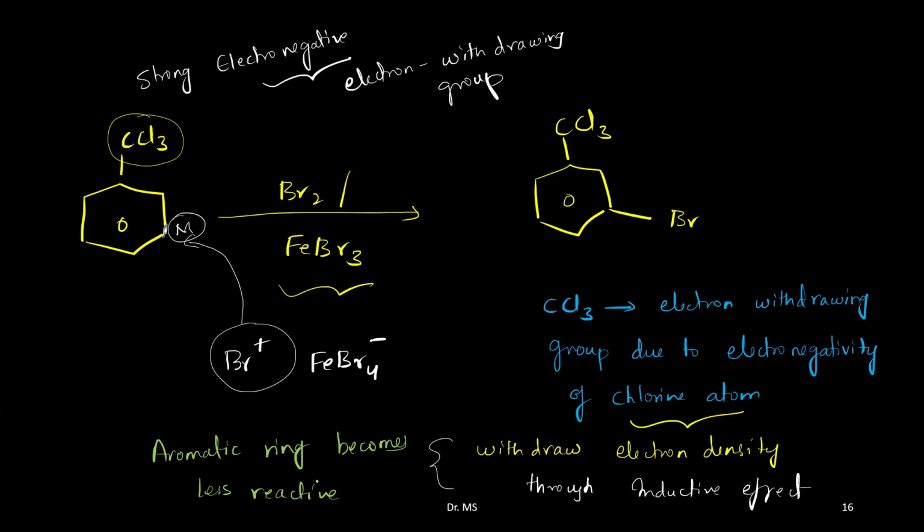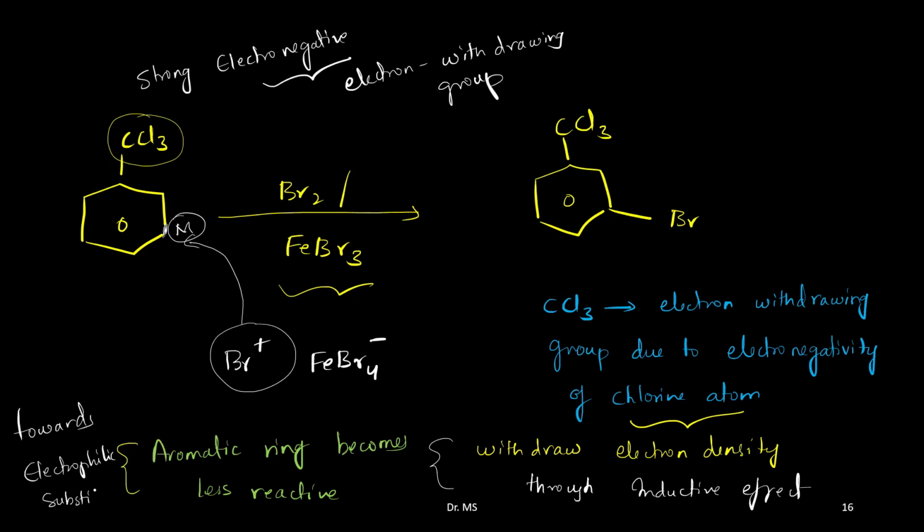As the aromatic ring becomes less reactive, it is not favorable for electrophilic substitution. But somehow it will go and attach to the meta position. So just remember, the aromatic ring becomes less reactive towards electrophilic substitution.